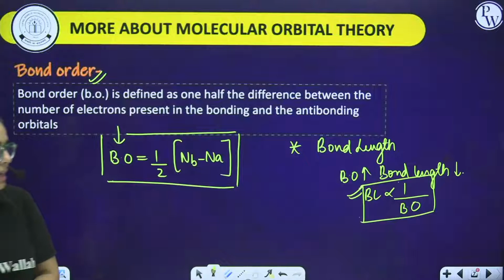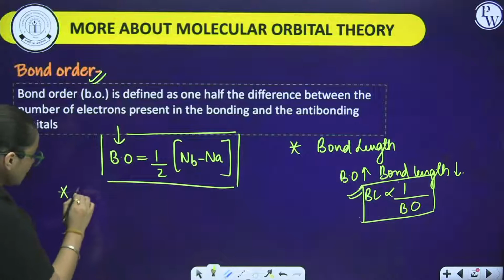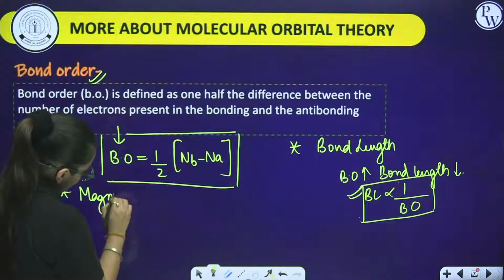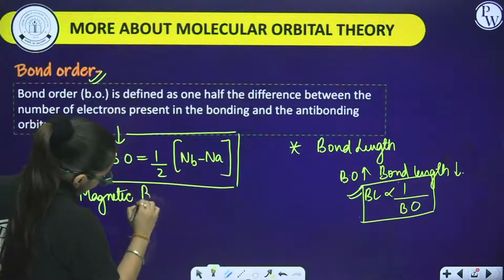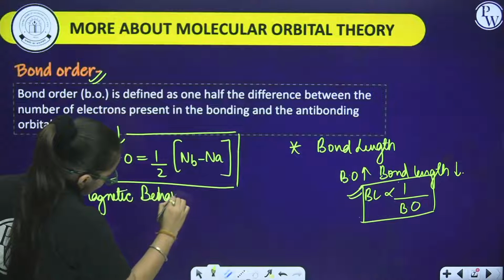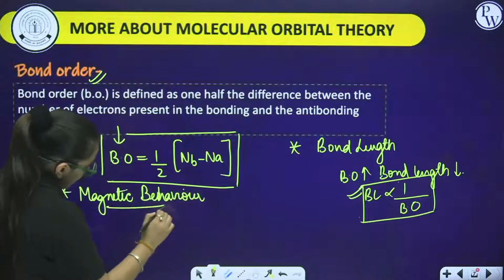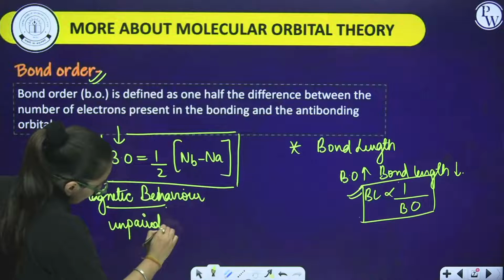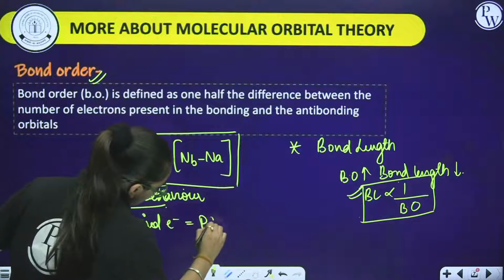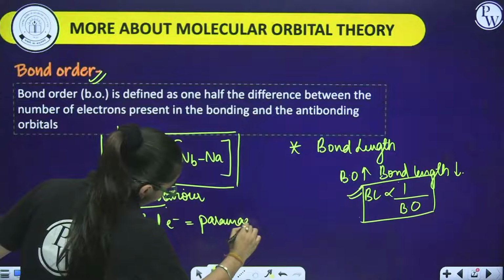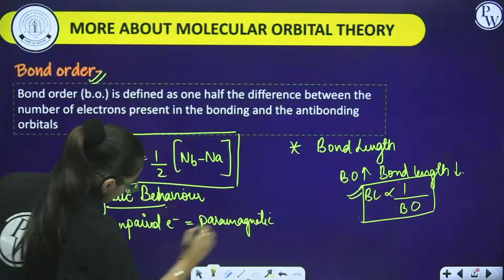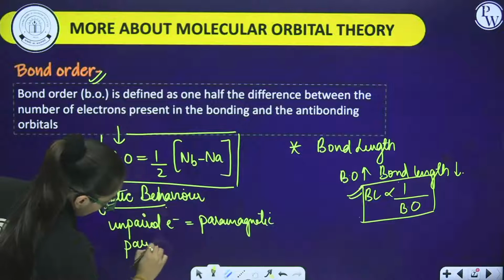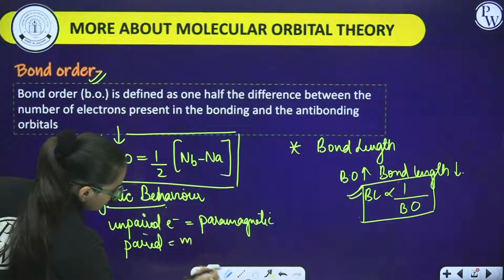Done. Let's talk about the last factor, that is magnetic behavior. If it contains any unpaired electrons, it is paramagnetic in nature. And if it contains only paired electrons, no unpaired electrons, it is diamagnetic.